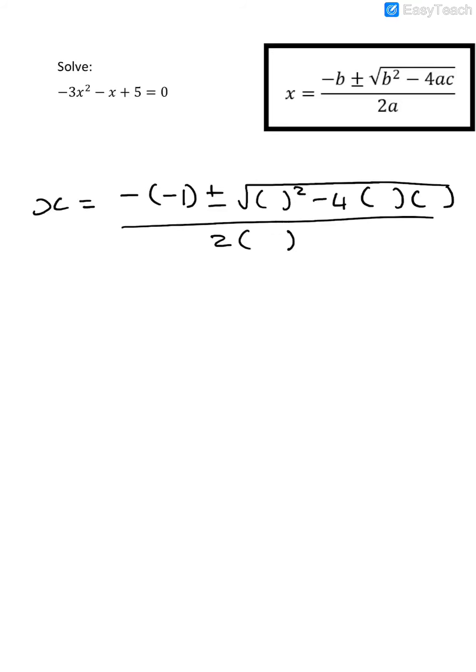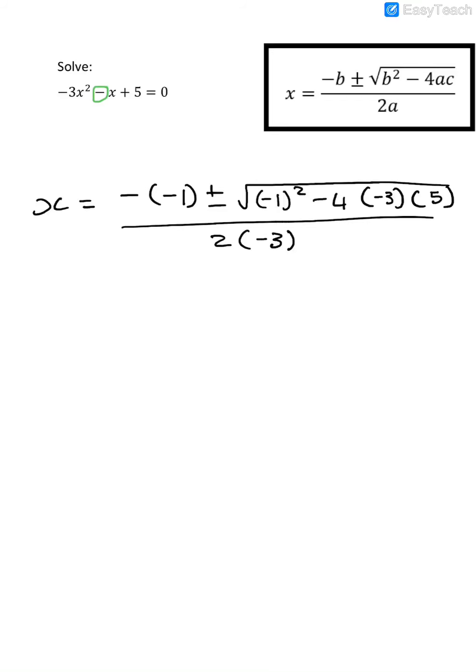Don't be confused about this. Because it just says a minus there, it means negative 1. So b is negative 1, so minus b plus minus b squared minus 4a, a is negative 3, c, which is 5, over 2a, which is negative 3.